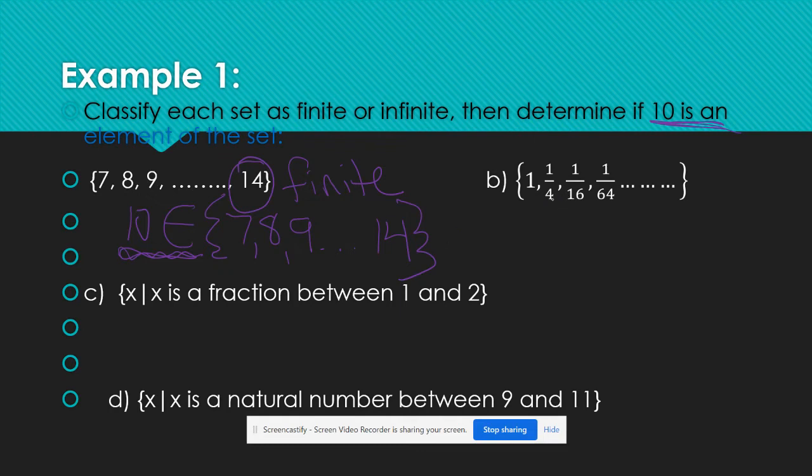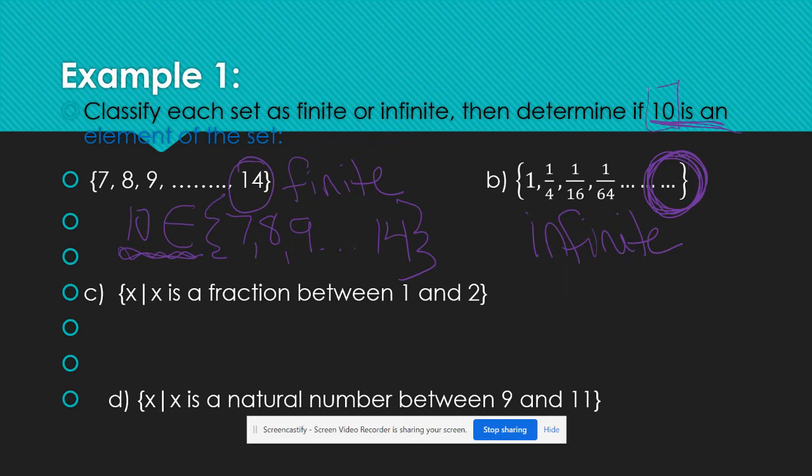The next one, letter B, we have 1, 1/4, 1/16, 1/64, and then dots. So because there's nothing here at the very end, this is an infinite set. And then looks like we're multiplying by a 4th every single time.